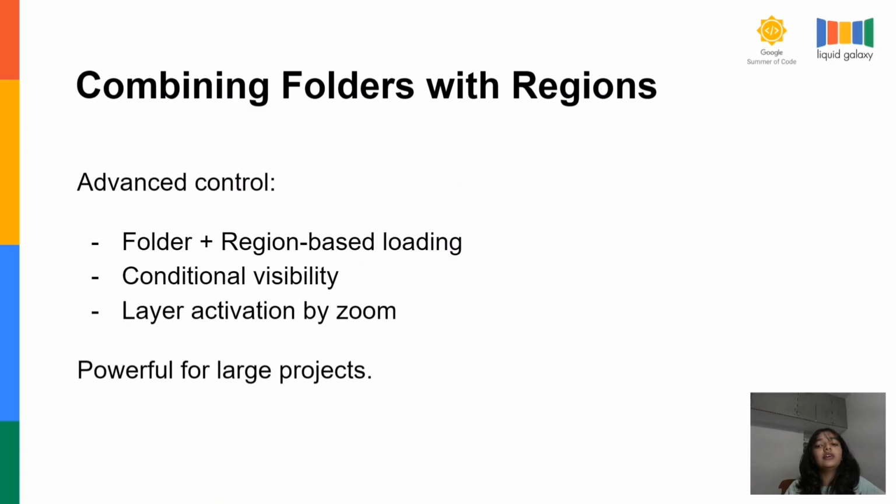Combining folders with regions. The most advanced use of folders is nesting them within regions. A region defines a visibility box based on latitude and longitude coordinates. When you put a folder inside a region, the entire folder and everything in it becomes LOD, which means level of detail active. This means when you fly closer to the city, the details folder activates.